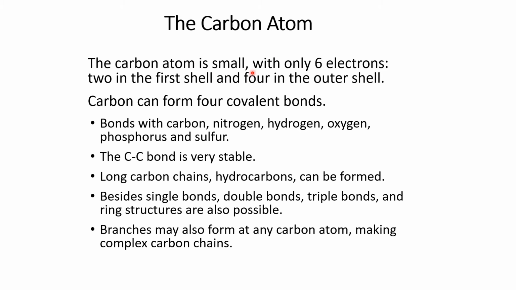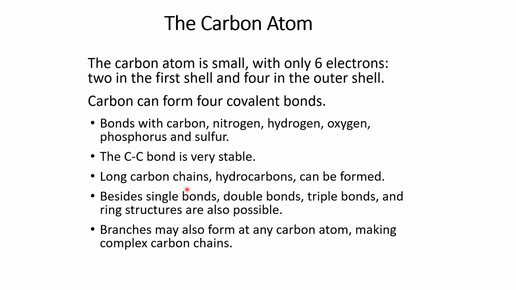Because it's small, it's flexible on who it can partner with. So carbon can bind to nitrogen, hydrogen, oxygen, phosphorus, and sulfur. The carbon-carbon bond is very stable. It's not very reactive. It's non-polar, so it's very, very stable.